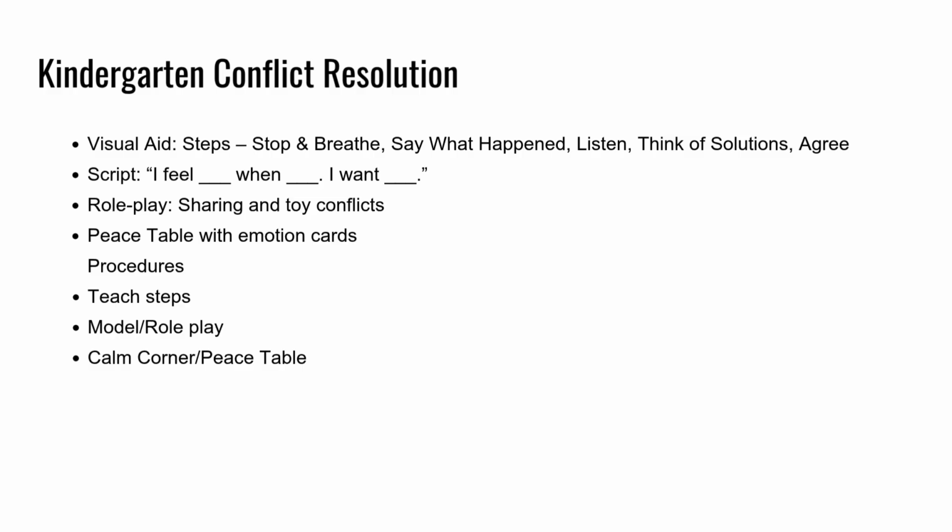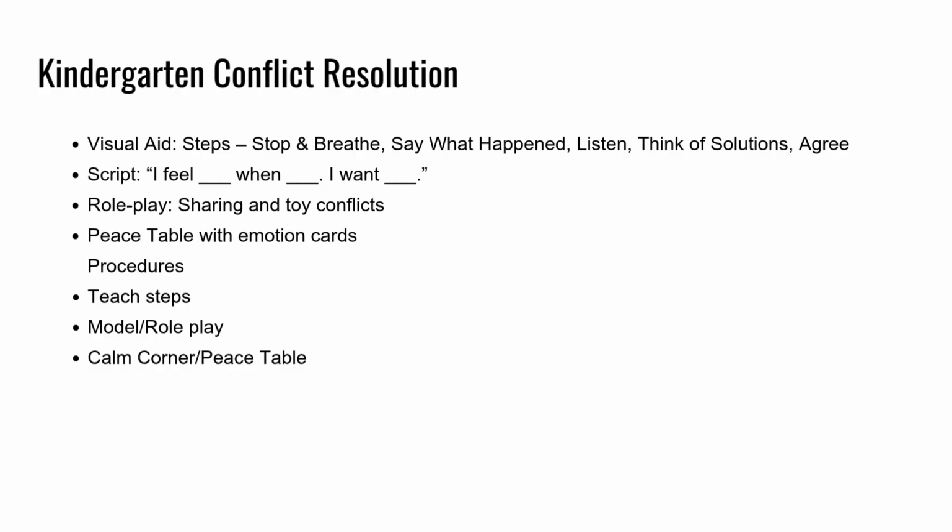You would model and role play by demonstrating scenarios and let students practice with each other with teacher guidance, of course. Create a peace table or a calm corner. I feel like every classroom needs a calming center. And this is a designated space where students can go to resolve conflicts with support tools like emotion cards and scripts.